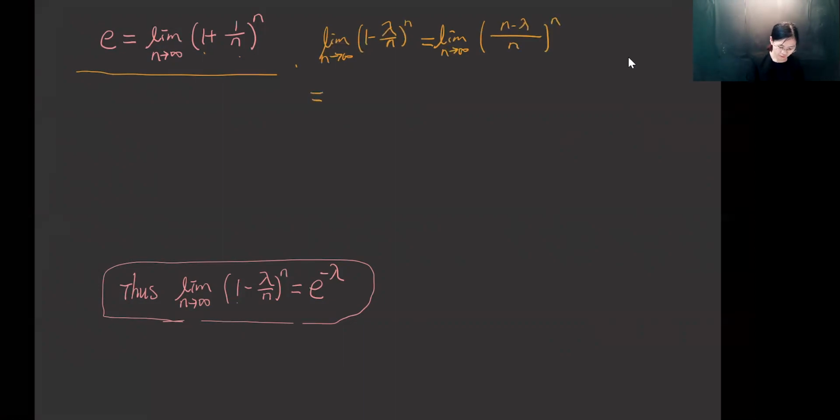And you can write that as n divided by n minus lambda to the power n, but then to the power minus 1, because you flipped the numerator and the denominator.